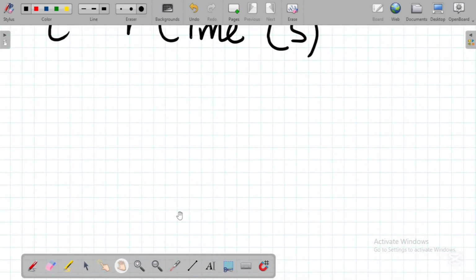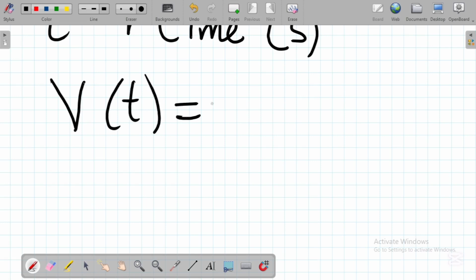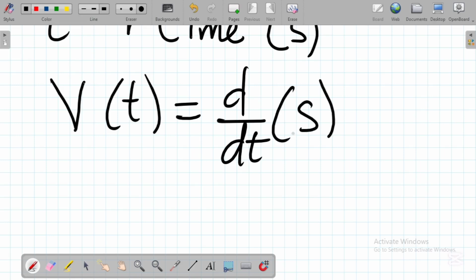Now recall that velocity v or speed is the rate of change of distance or displacement. That is, v of t is equal to d all over dt multiplied by s.